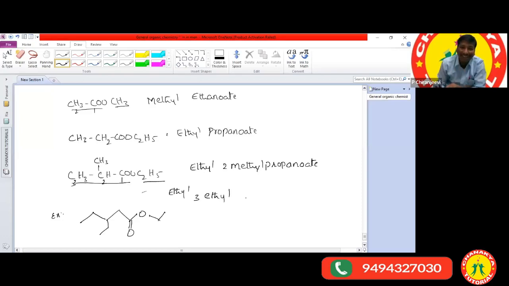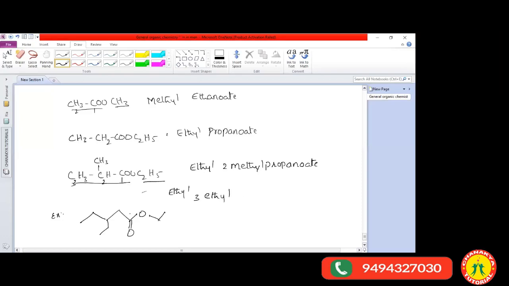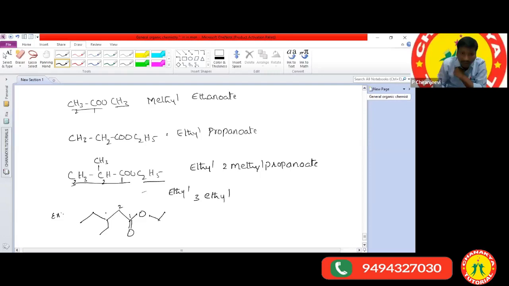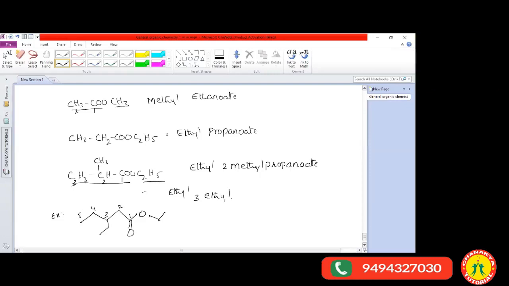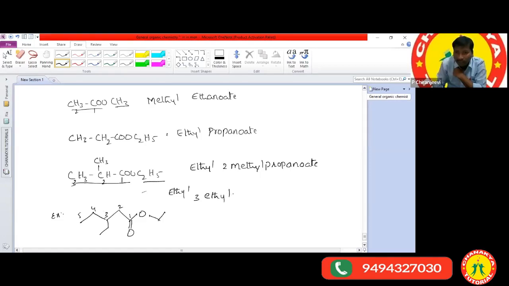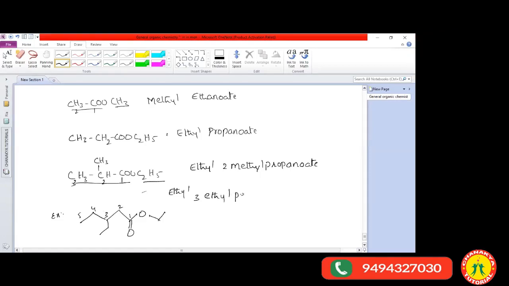Openly you can try. Then sir, keto group, I'm thinking fifth. 1, 2, 3, 4, 5. 5 carbon atoms. Root word: pent. Very good.